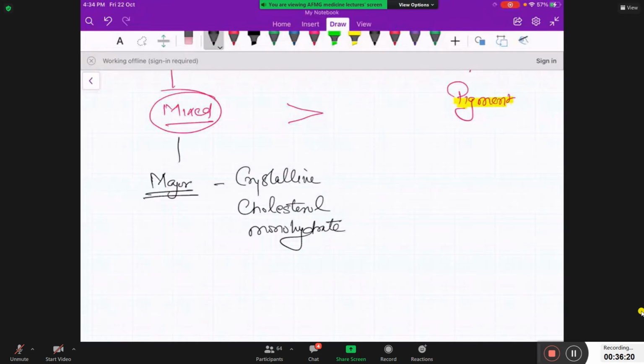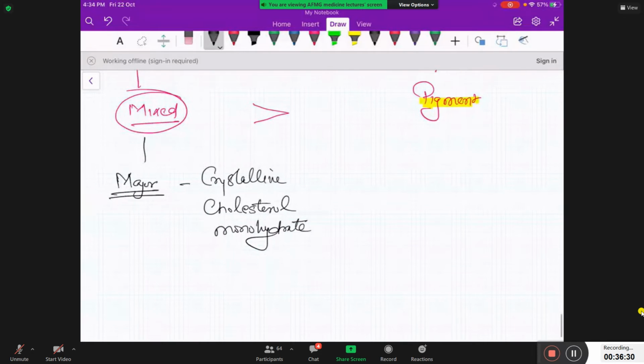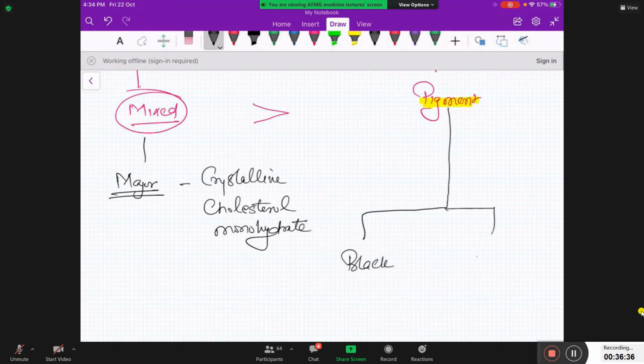Crystalline cholesterol monohydrate is the major constituent of mixed stone, and pigment stones are of two types: black stone and brown stone.